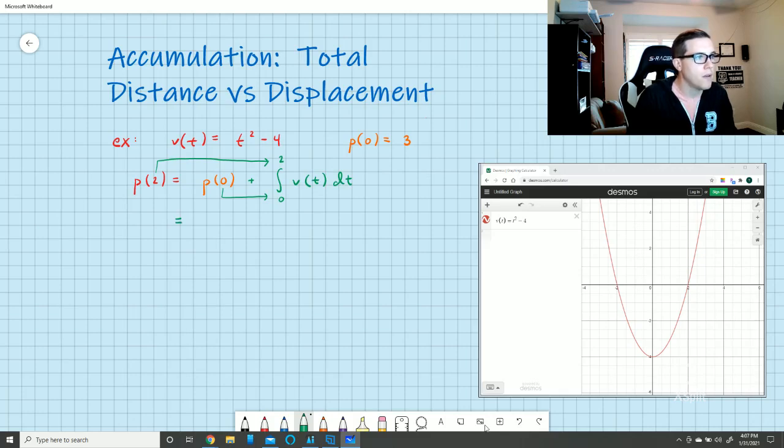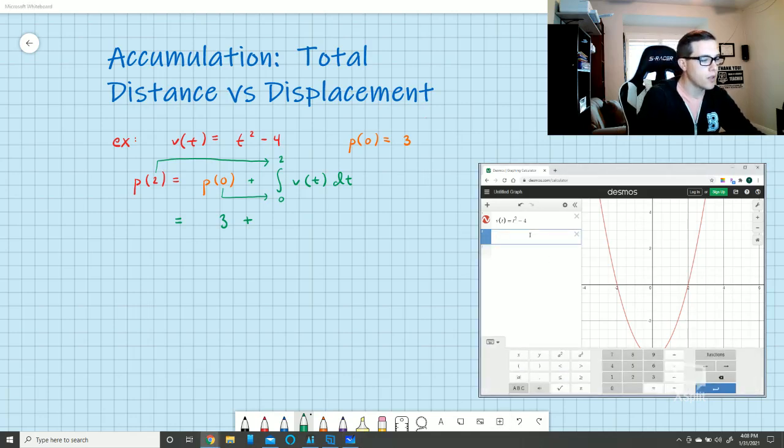And P of 0 is 3, plus the cool thing about Desmos, once you start storing these values, you can manipulate them very quickly. So I will do 3 plus the accumulation from 0 to 2 of my velocity curve, which I already had stored in there, dt.